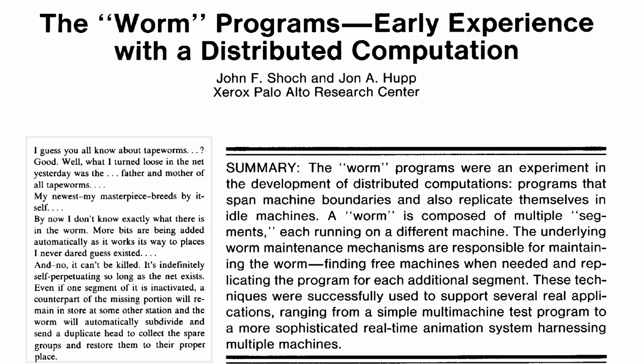And from this article it's clear that they really were fans of Brunner's book, since they actually quote it in more than one instance. The article which they published describes in a nice level of detail how the worm actually spread. It used rebooting of the machines in order to, I don't want to say infect them, but basically yes. When an idle computer was found on the network, if a worm wanted to spread to it, it asked it to reboot.